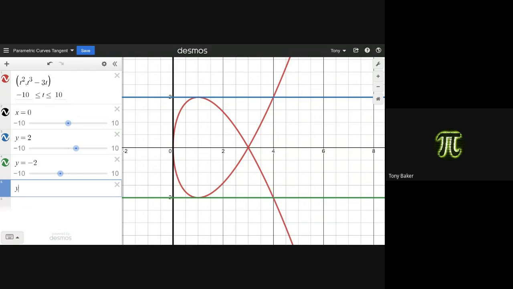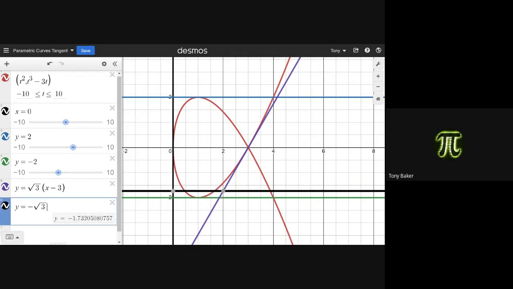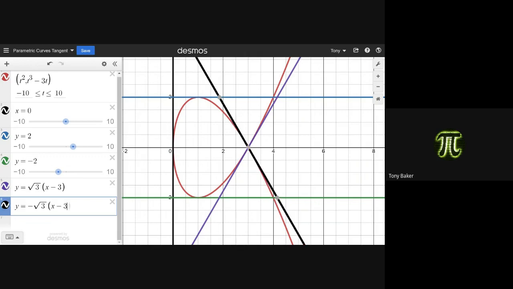And actually, if I do the y equals and then if I do the y equals, we have our, there were 2 tangent lines there, and then we have our horizontal and our vertical ones. That's what we found so far.